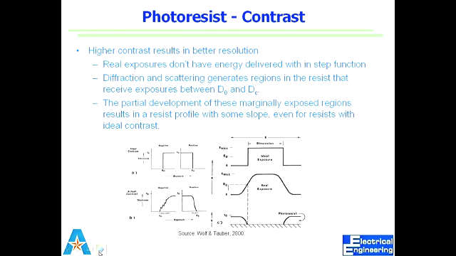But what we want is a step function. It's an ideal situation where you get a step function. What we want is something as close to ideal as we can bring it. We get this from positive resist. This is the case of negative resist.